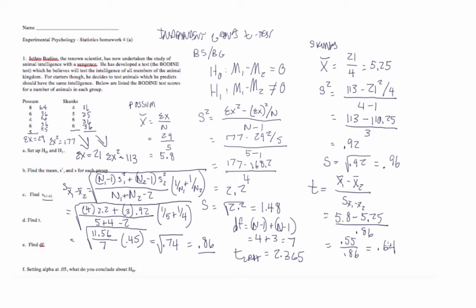And so because our t of 0.64 is less than our t critical of 2.365, our conclusion down here is to fail to reject the null hypothesis, because we cannot say that there's a significant difference between possum intelligence and skunk intelligence. So we fail to reject the null hypothesis that there's no difference between possums and skunks. And that seems reasonable to me.